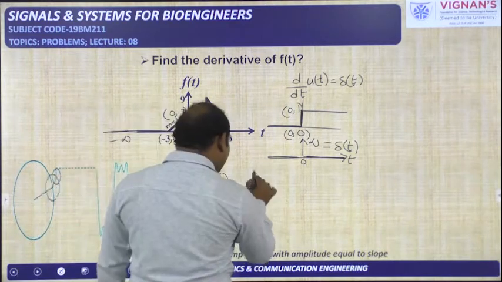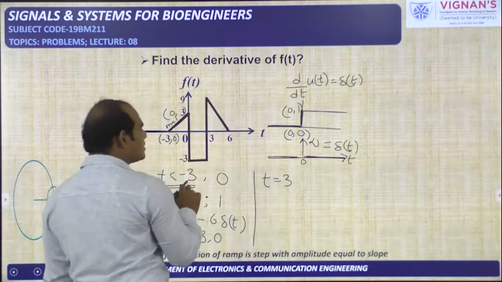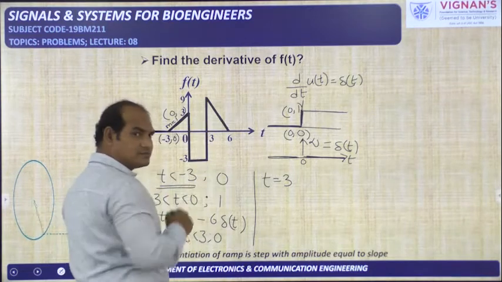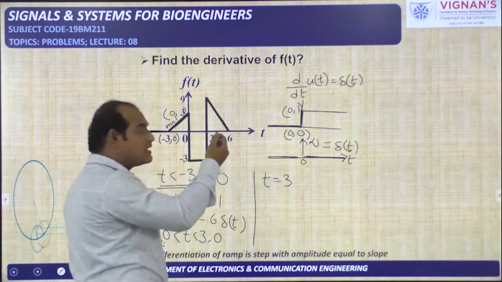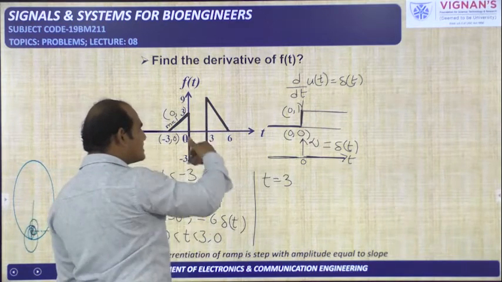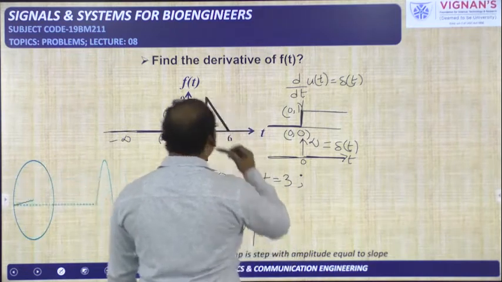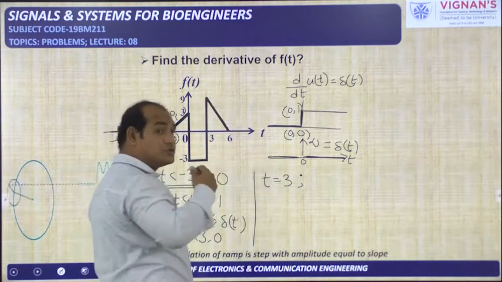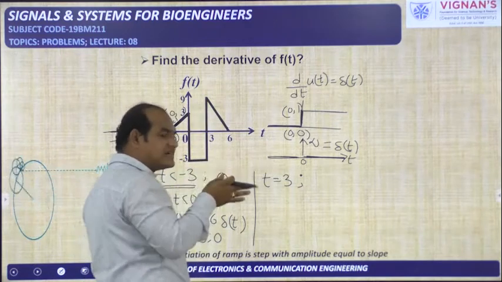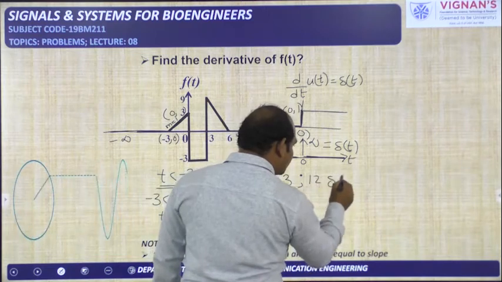Next, exactly at t equal to 3, the amplitude is suddenly changing from minus 3 to 9. The final value is 9, the initial value is minus 3, so final minus initial is 12. So with a 12 change in amplitude, there is a discontinuity, and its derivative is 12 into del of t.